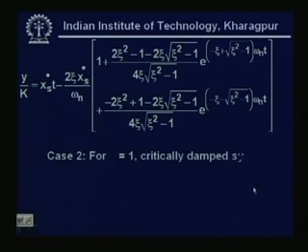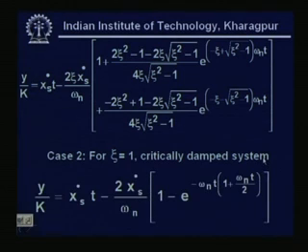Now case 2, as happened before also, is the critically damped system when xi equal to 1. In that case, the output will look like this: y by k equals xs dot into t minus 2 xs dot by omega n, times 1 minus e to the power minus omega n t times (1 plus omega n t).